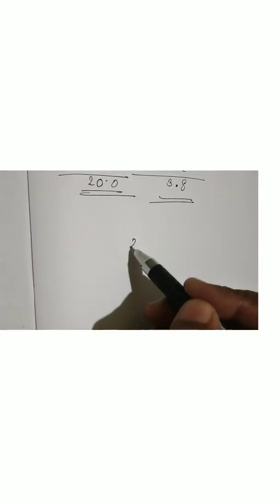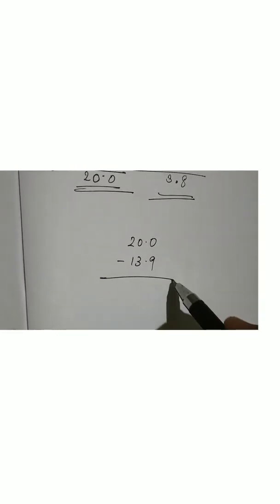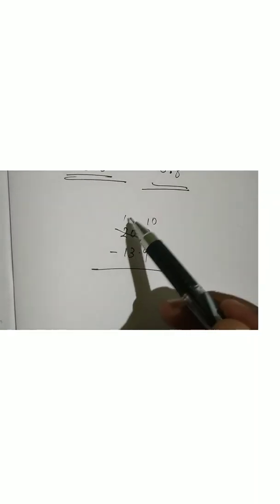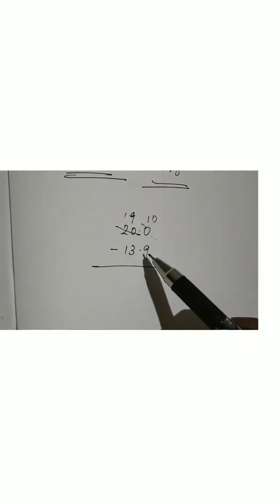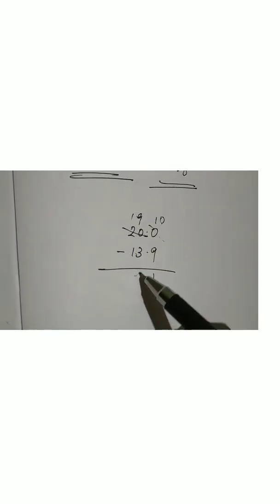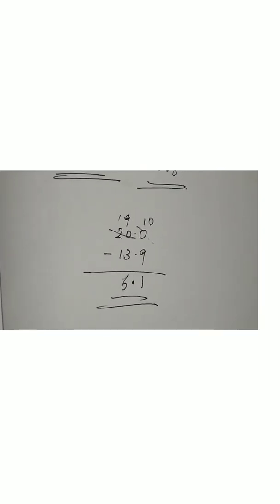Easy way. 20.0 minus 13.9. So here it will be 10 and this became 19. So 10 minus 9, 1, point. Here 19 minus 13, 6. 6.1 is the answer.